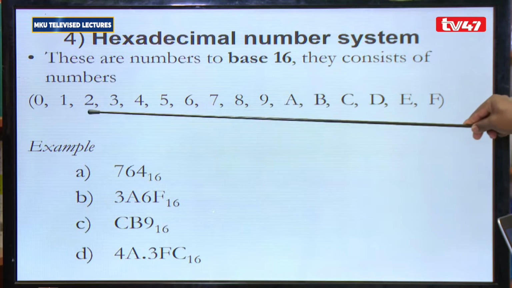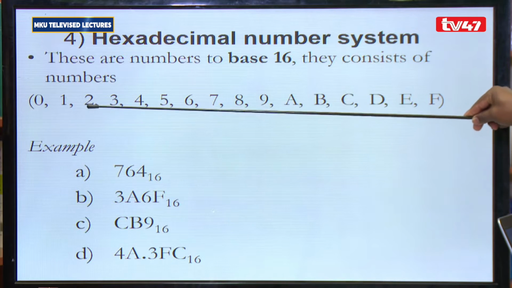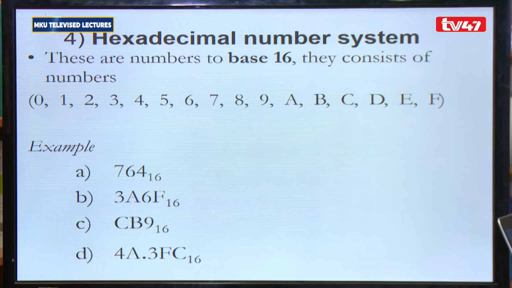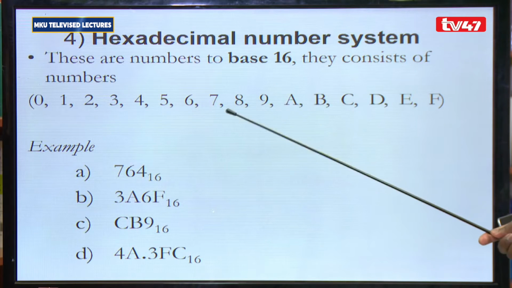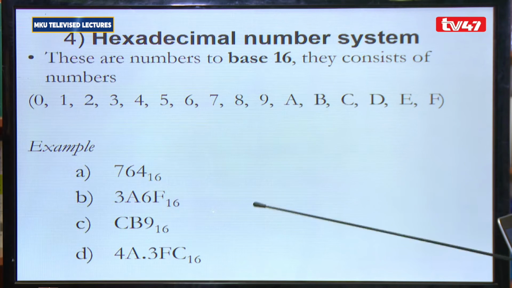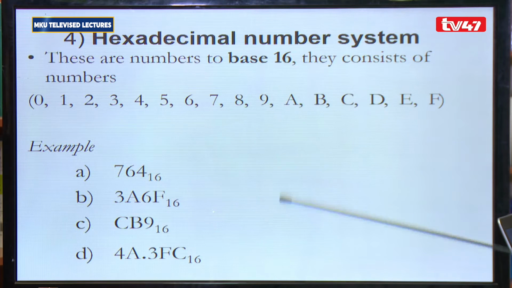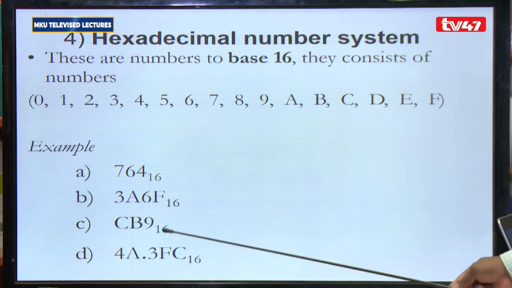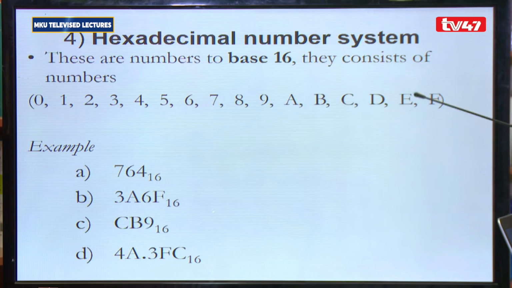Any combination of these values qualifies to be a hexadecimal number, so long as it is under base 16. You can form 8AB base 16, ABCD base 16, CB9 base 16.